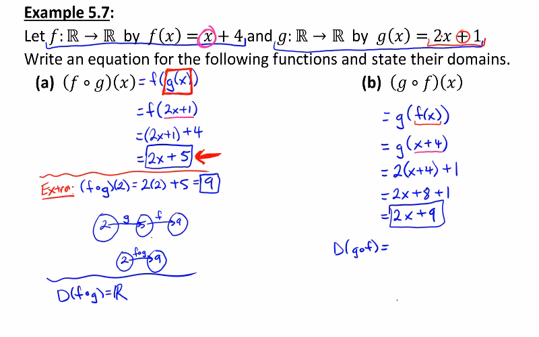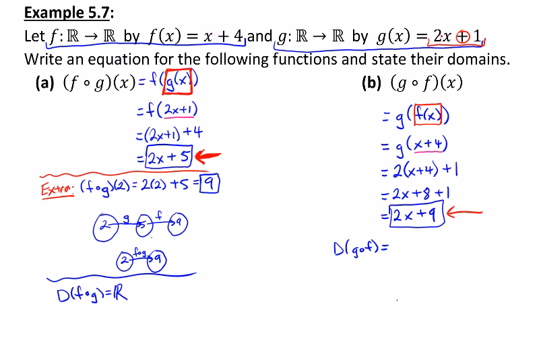I can perform that exact same analysis for g composed with f. I'll do that quickly here. Looking at the final result, 2x plus 9, there's only a multiplication and an addition. So that would imply all real numbers. And if I look at the very beginning, I had to start with f of x for this one.